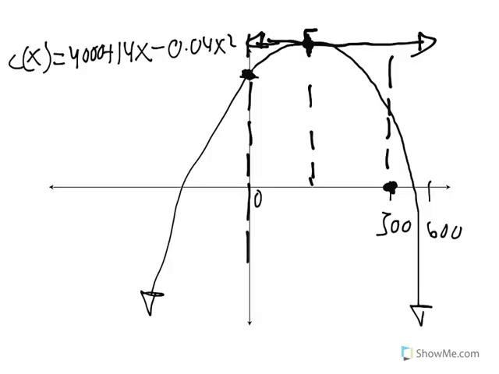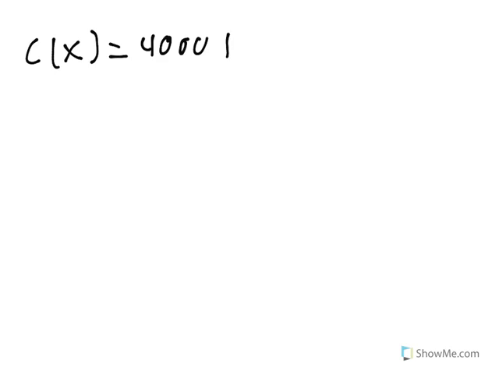So to find the derivative of this function, you have c of x equals 4,000 plus 14x minus 0.04x squared. To find the derivative of a function, you can take the derivative of each individual part of the function and then add it up.